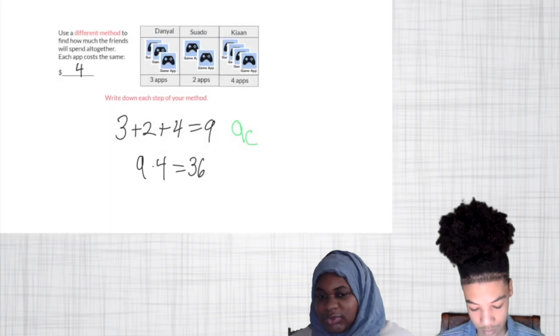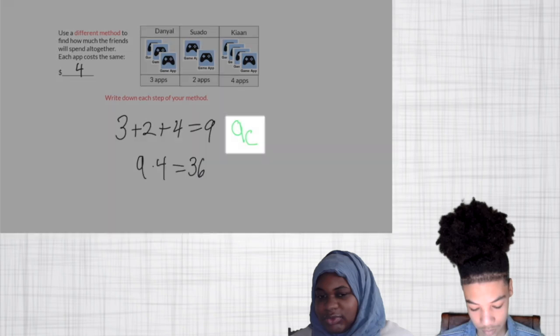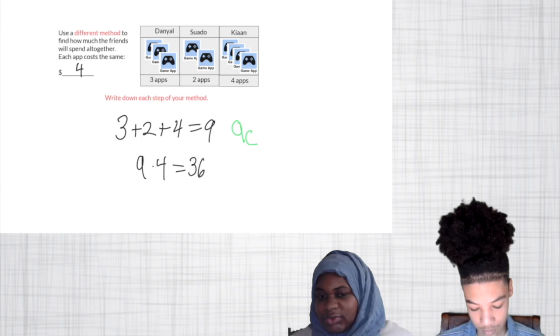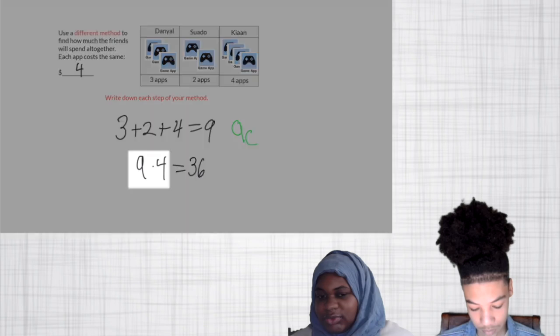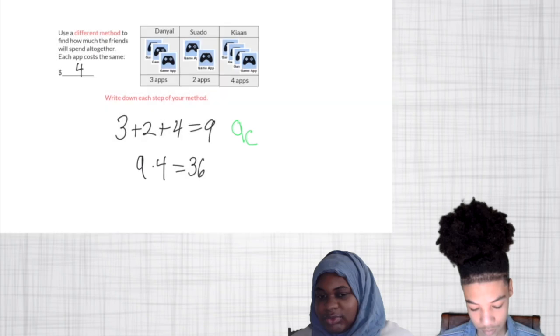Now, did you see where Haleemah got 9 times C? She made a fast connection. In the last episode, Haleemah and ET represented the cost per app by the variable C. Haleemah recognized that she could write a general expression to represent the total amount spent by the friends, where 9 times 4 generalizes to 9 times C. Next, ET will suggest another method.